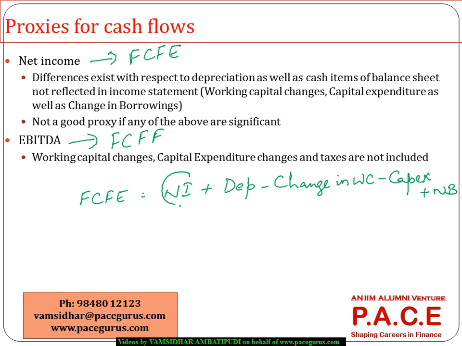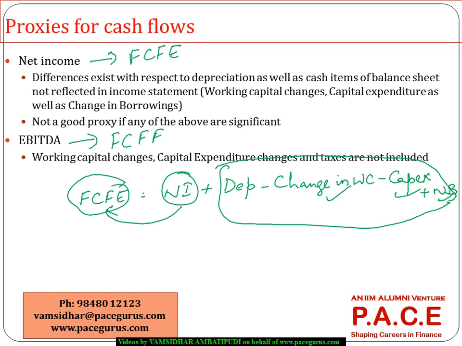Now, how can I use NI as a proxy to FCFE when these things could be very significant? If the borrowings are going to be significant, or capital expenditure is going to be significant, or working capital investment is going to be significant, it may so happen that net income will become a very poor proxy for FCFE.